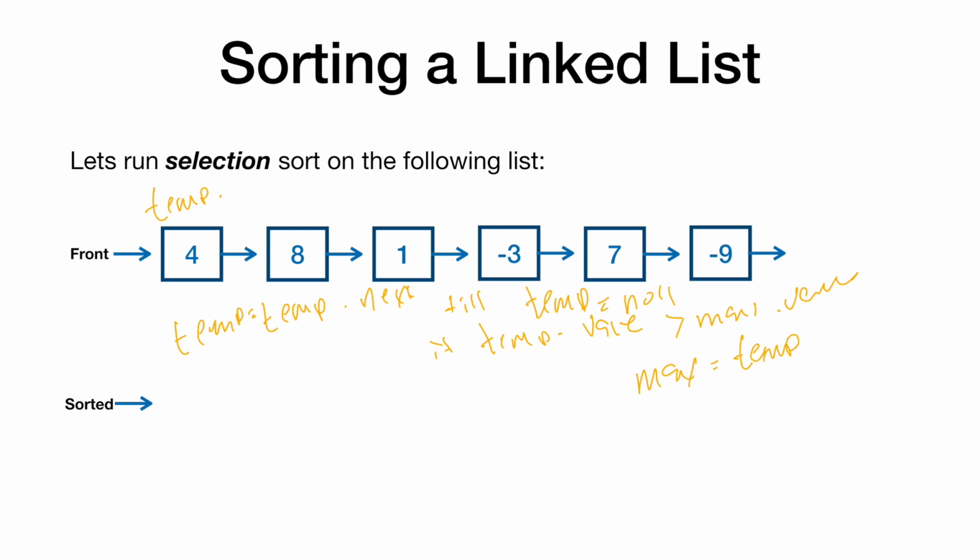So basically we're saving the node that has the maximum value, and we're going to keep traversing all the way through. Eventually we're going to end up with 9 being, well, here we need the minimum. We actually need minimum.